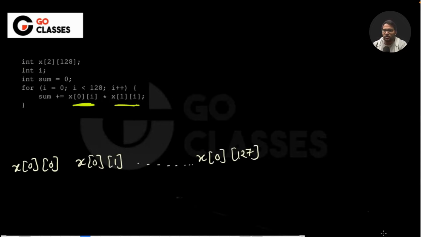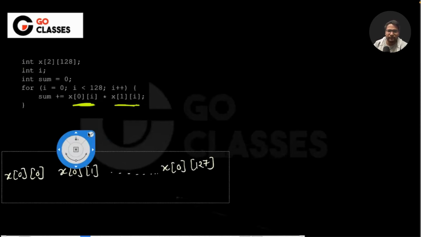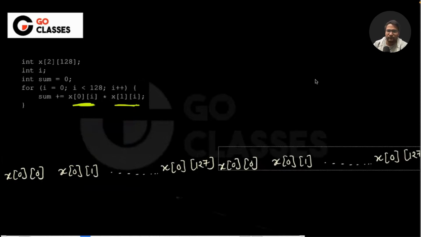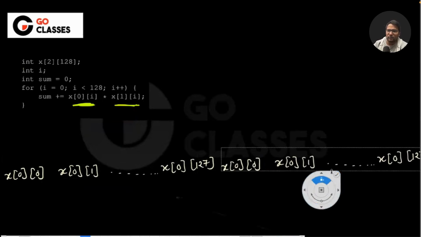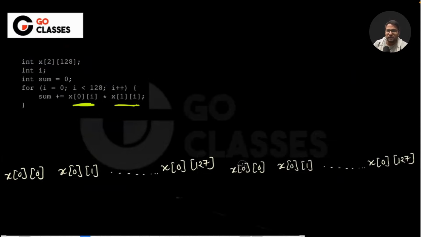Similarly, there will be x[1] also, so maybe I can just copy this one. Now you have x[1] also. That's how the array looks in main memory. Hope you understood how the array looks in main memory.